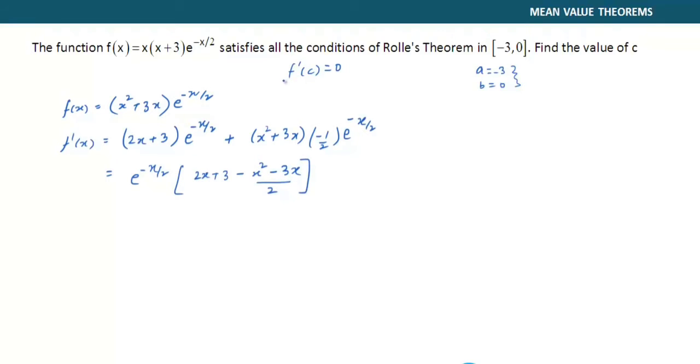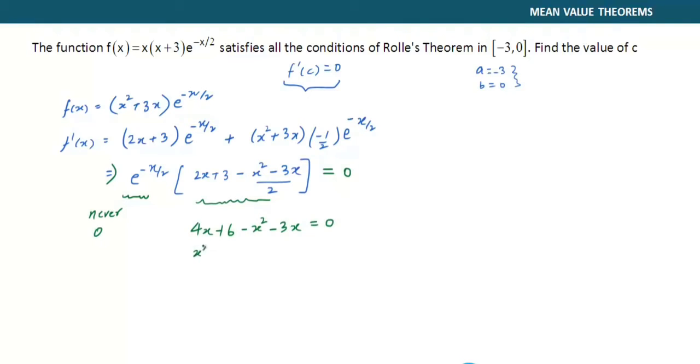And we want to find a value of c where the derivative is equal to 0. So you will equate this particular term to be 0. Now we know that the exponential term will never be 0, because e raised to power is never 0. It can never take 0. So only the other term can be 0. So let's do this. 4x plus 6 minus x square minus 3x should be equal to 0.